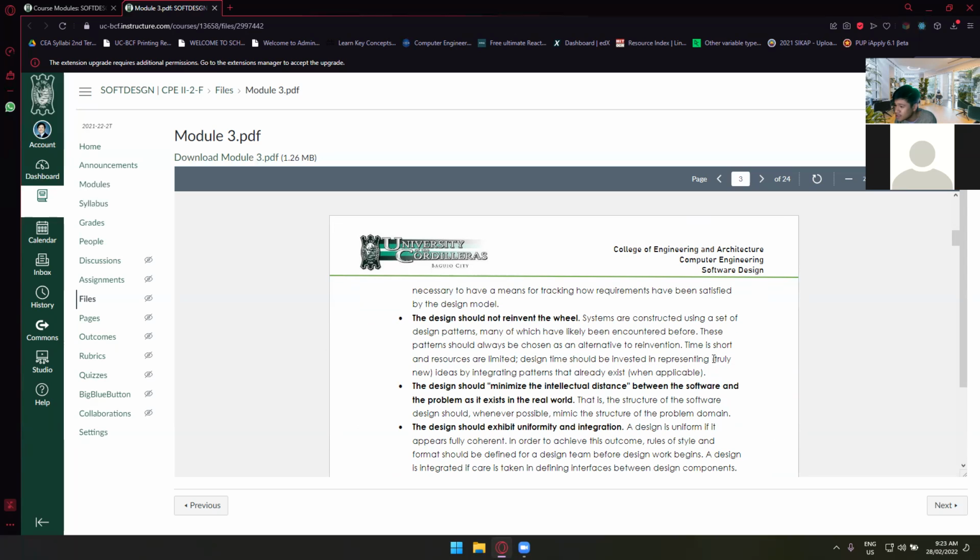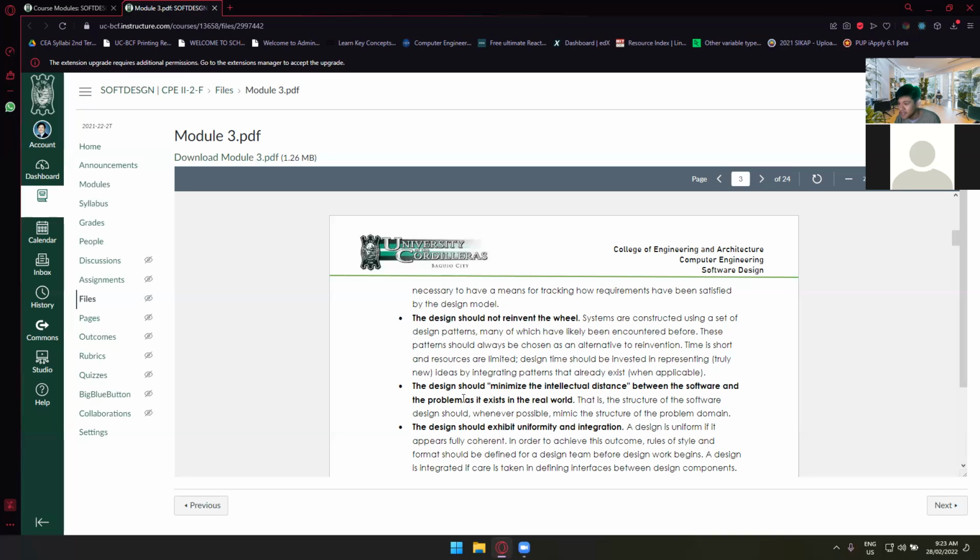So our time should be invested in truly new ideas, not in an existing idea where you just propose another way of doing it. That's good, but it is still already solved by this kind of method or program. So as much as possible, try to come up with a new problem and a new solution. With that, we'll be able to save our time.